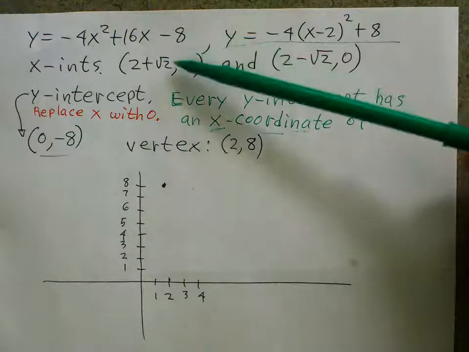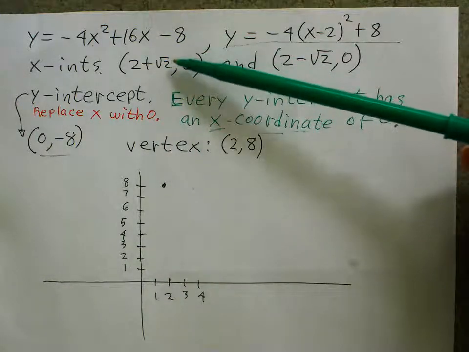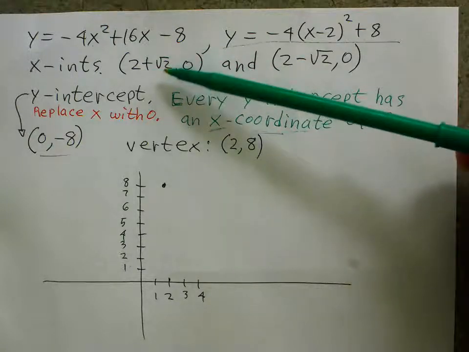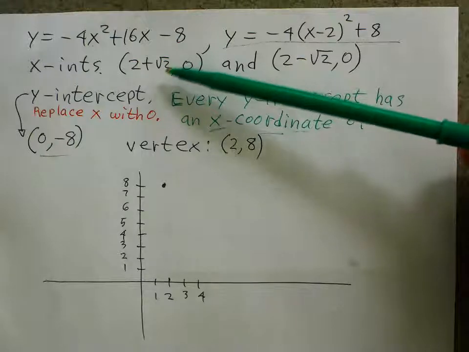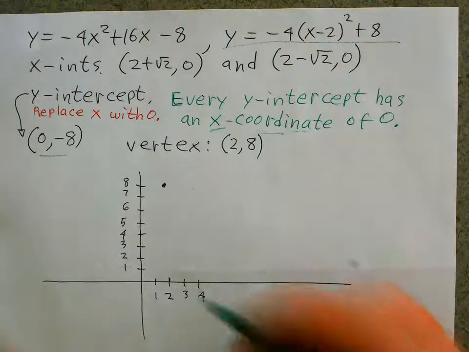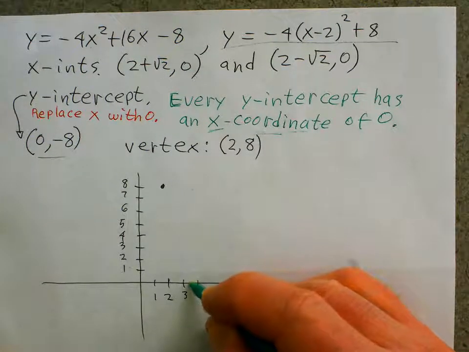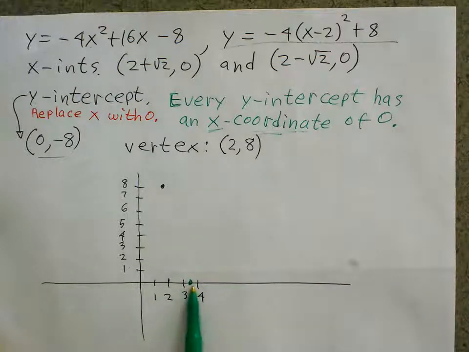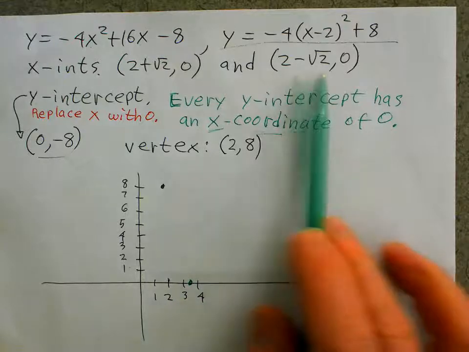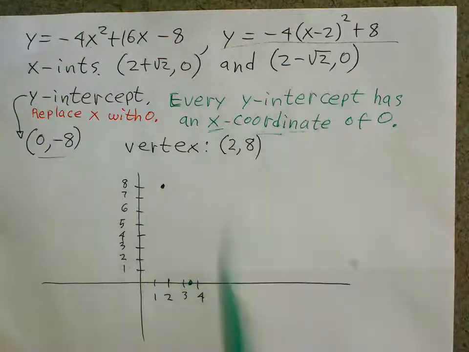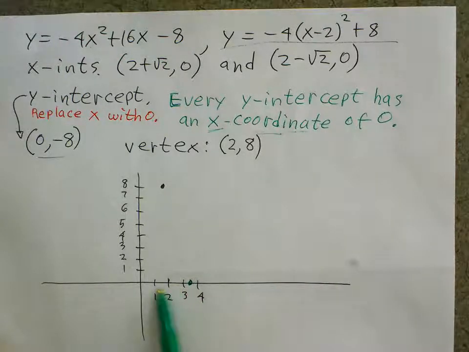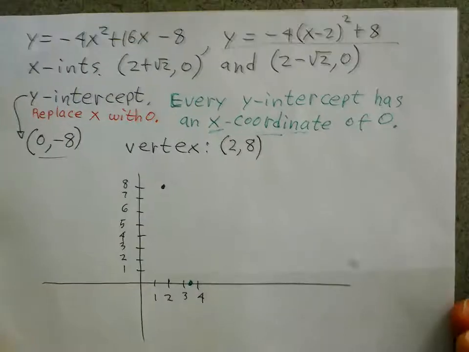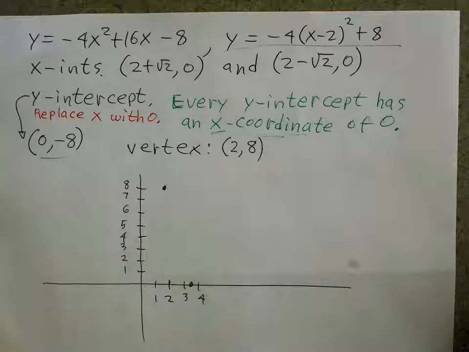The square root of 2 is about 1.4142. So 2 plus 1.4142 is 3.4142. So right in here, 3.41. And then 2 minus the square root of 2 for the other x coordinate of the x-intercept is about 2 minus 1.4142.